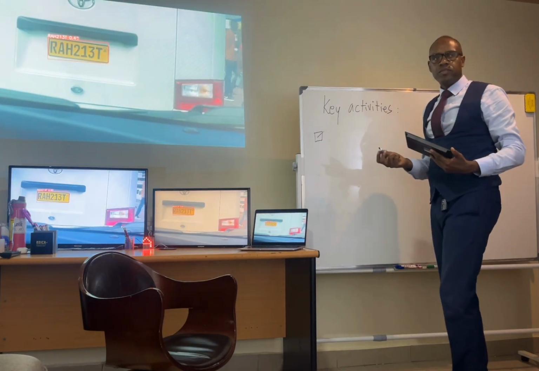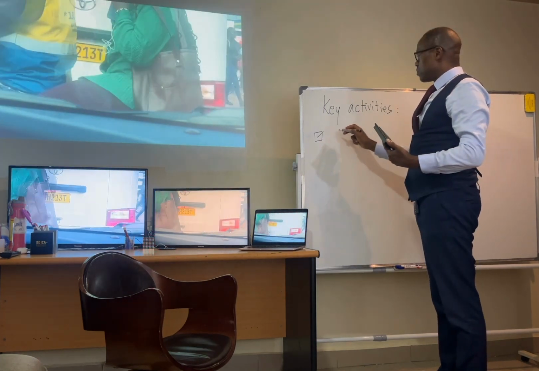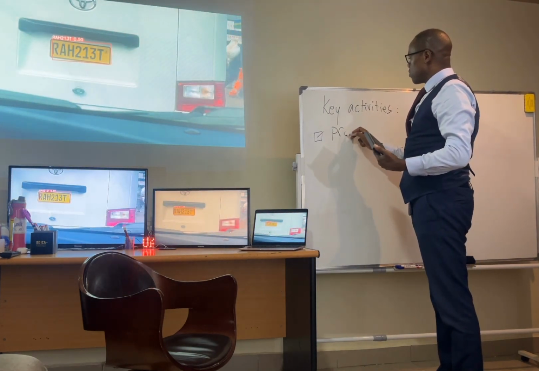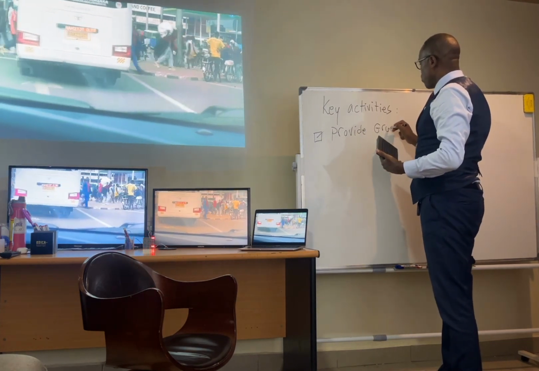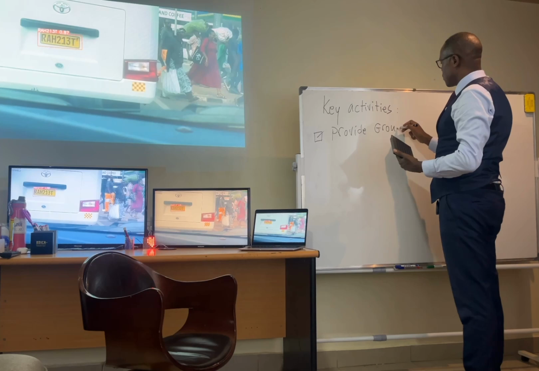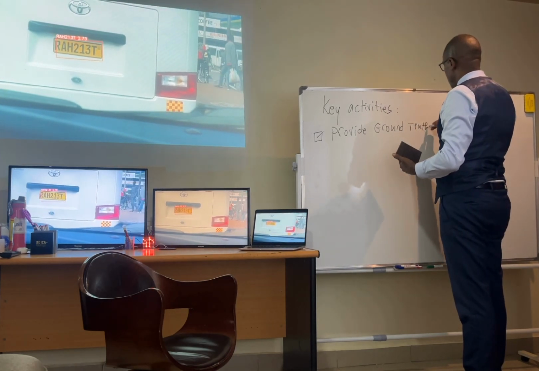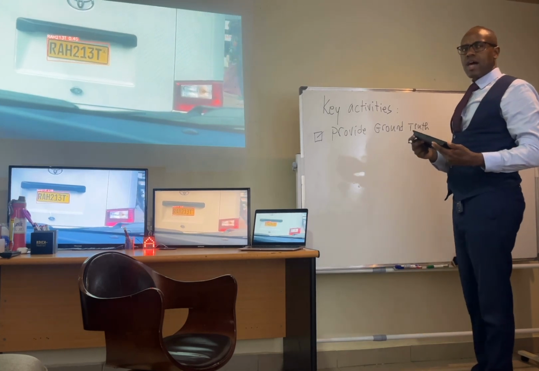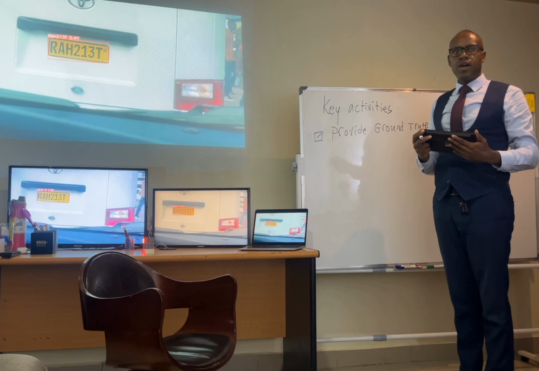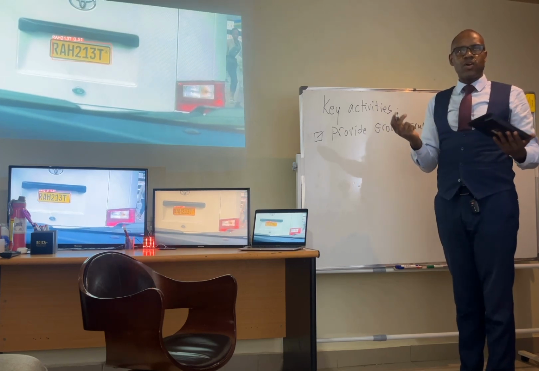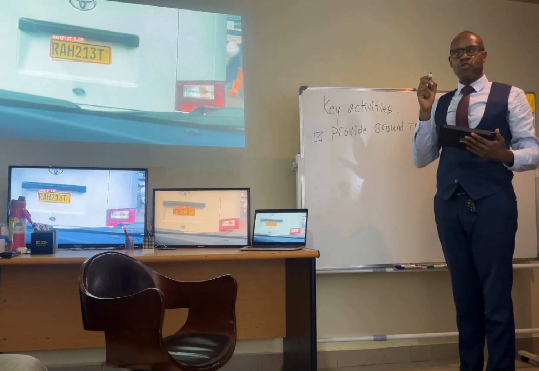Activity number 1, we provide ground truth. What's that? We label the images, marking the location of the number plates using bounding boxes, which provides the ground truth.